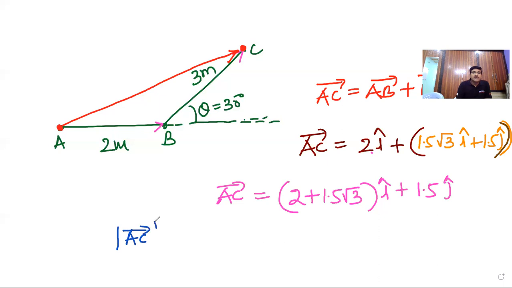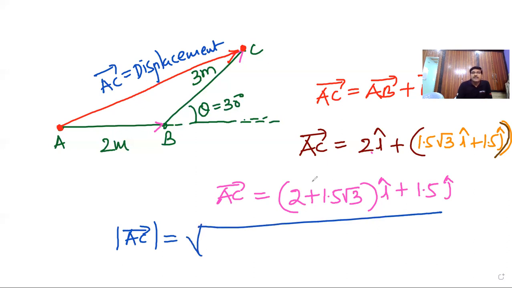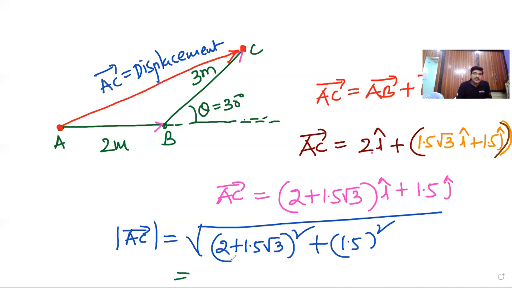Now we require the magnitude of this displacement, because AC bar is the displacement vector. Magnitude of this displacement vector AC bar is square root of (2 plus 1.5 root 3) whole square, the coefficient of i cap, plus 1.5 whole square. On simplification, this becomes 21.14, this becomes 2.25, square root.